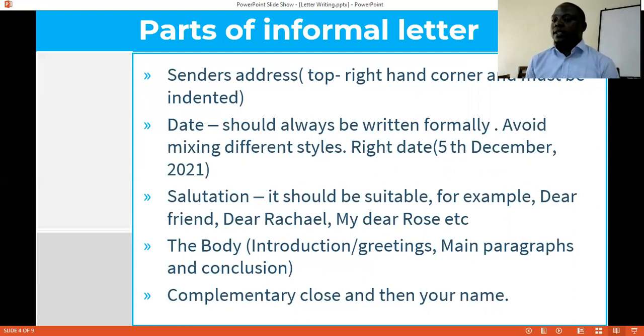After the date, you follow that with a salutation. The salutation now comes on the left-hand corner. It should be suitable. For example, dear friend, dear Rachel, my dear Rose. When we talk about suitability, it should address that particular person in the capacity you know them. If it's your girlfriend, you can say maybe dear, maybe sweetheart, or dear Mary, or dear mom.